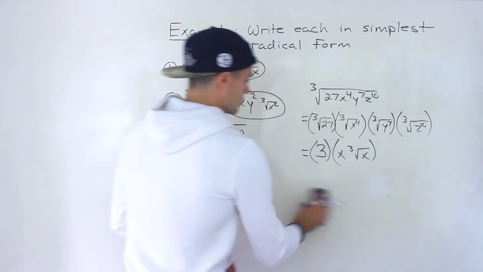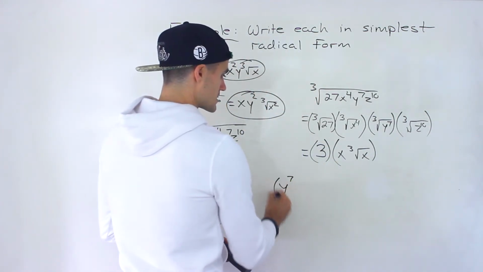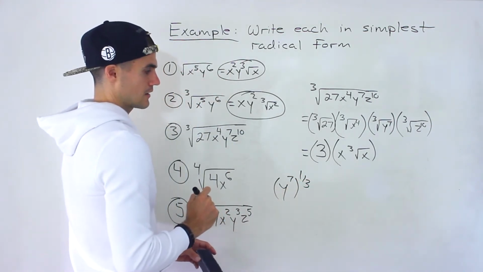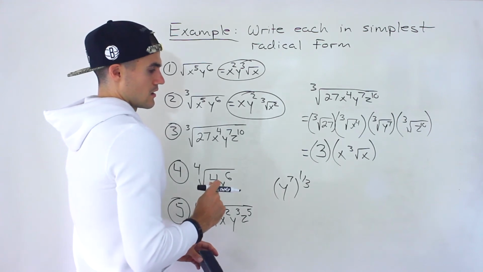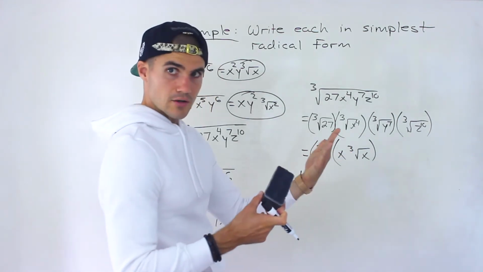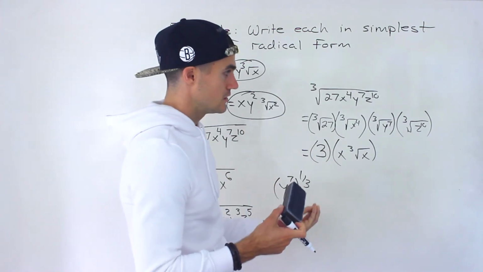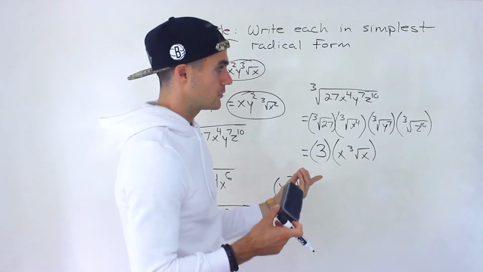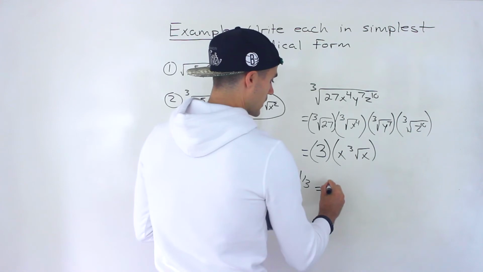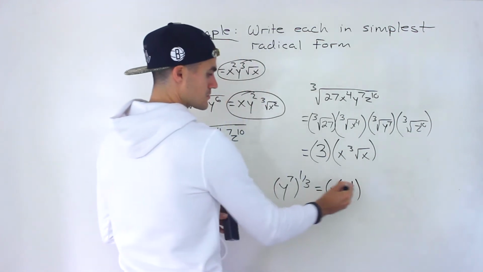Right, now the third root of y to the 7, I'm actually just going to rewrite that as y to the 7 to the power of 1 over 3, right away. So what is a number less than or equal to 7, but a multiple of 3? What's the highest number? 6. So we could rewrite this as y to the 6 times y to the 1, right? 6 plus 1 is 7.